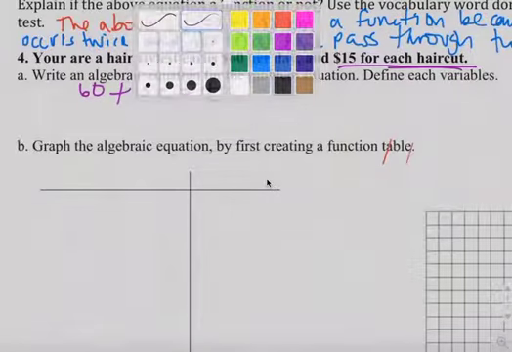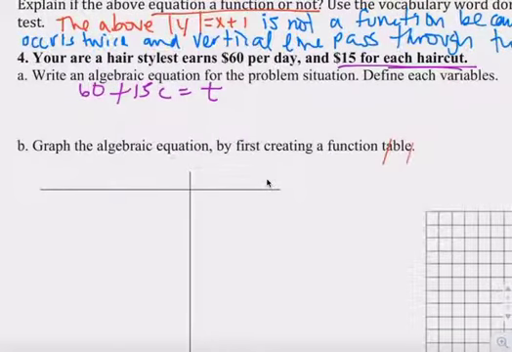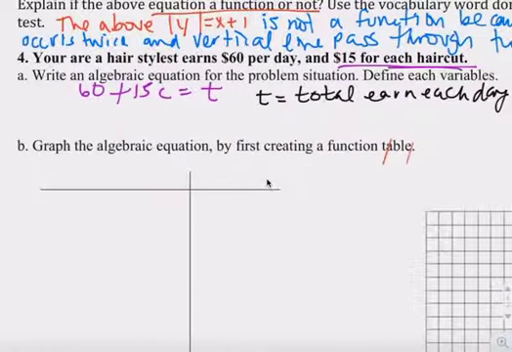Okay? So T equals the total earned each day, and C is the number of haircuts each day.